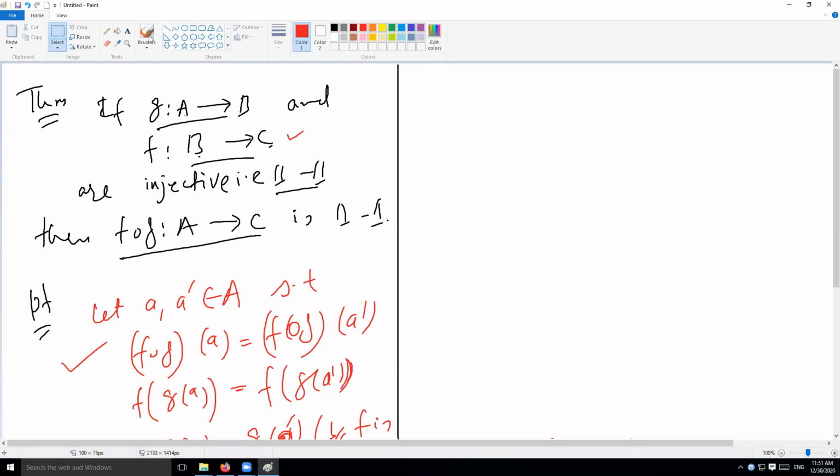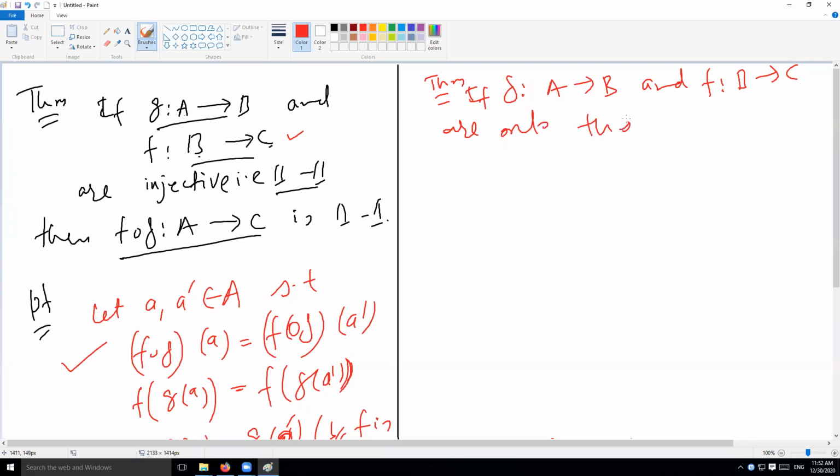So if I write another quick theorem and say that if G from A to B and F from B to C are onto, then F composition G, which is the map from A to C, is also onto.